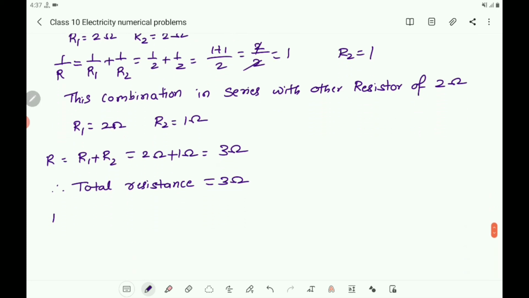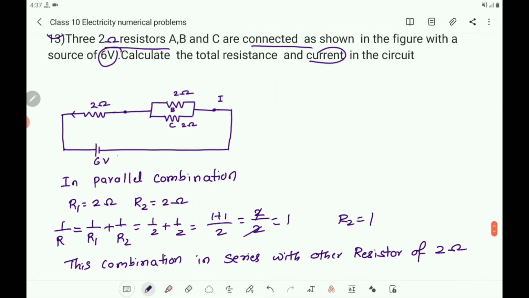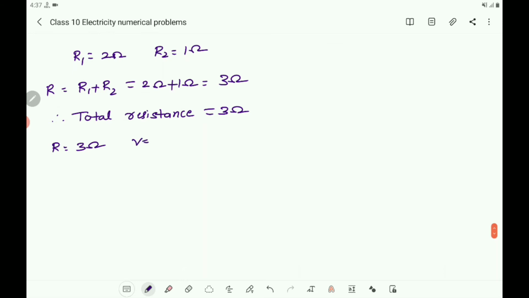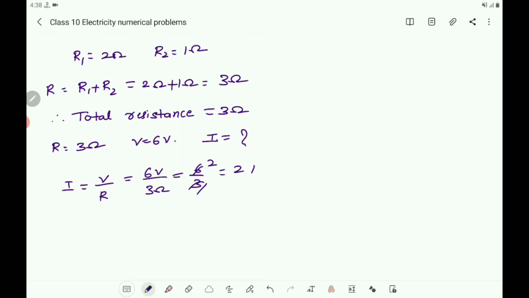Next here we have to find the current in the circuit. So here you take R equals 3 ohm and V is shown 6 volt. V equals 6 volt, and what you have to find out? You have to find out I, so you write I equals V by R, that is 6 volt by 3 ohm, that is 6 by 3, 3 twos are 6, 2 amperes of current.